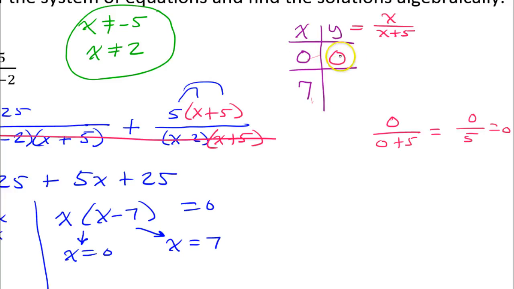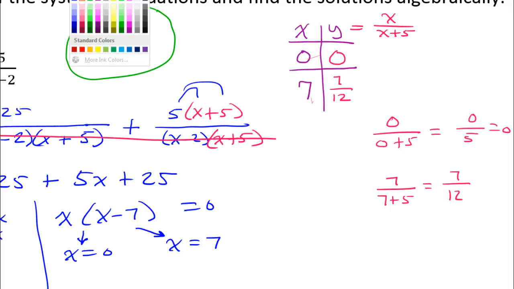Okay, so 0 comma 0. Now, how about if I put in 7? Then that would be 7 over 7 plus 5. That's 7 over 12. And nothing I can do with that. So that would be the answer, 7 over 12.